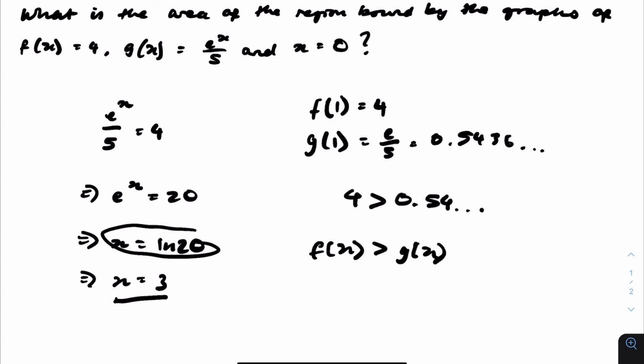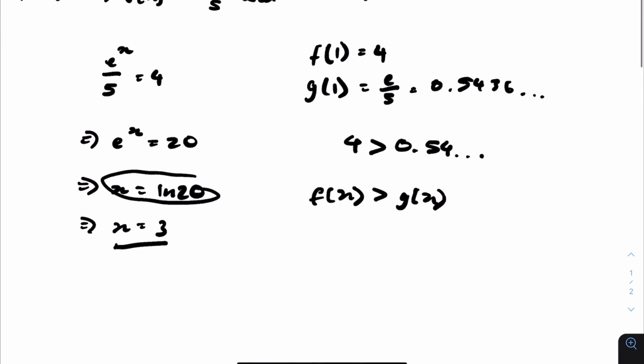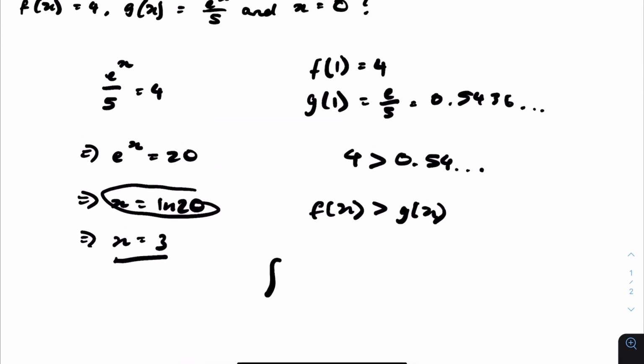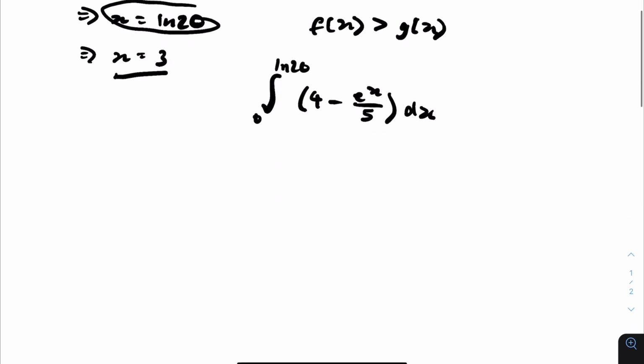So when we're writing out our integration statement, we use the bounds ln 20 and 0, but we're going to be doing this of the function f of x minus g of x, which in this case is 4 minus e to the power of x over 5 dx. So now let's write this out in integral form.